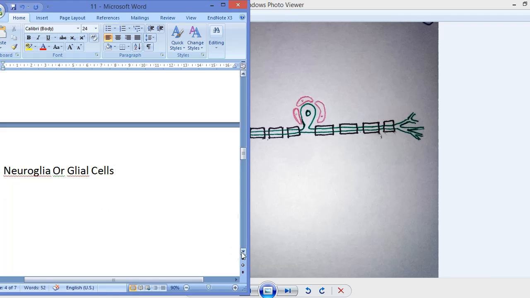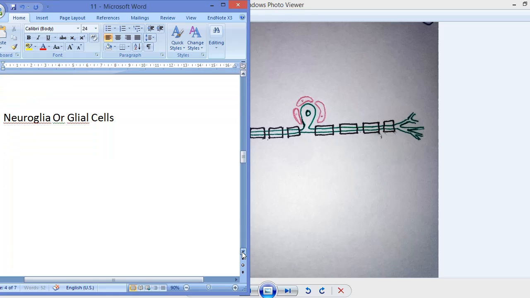These are the supporting cells which are present throughout the central and peripheral nervous system, and these are non-conductive. There are 4 basic types of neuroglia in the central nervous system and 2 basic types of neuroglia in the peripheral nervous system. So in the peripheral nervous system, there are 2 types of neuroglia.